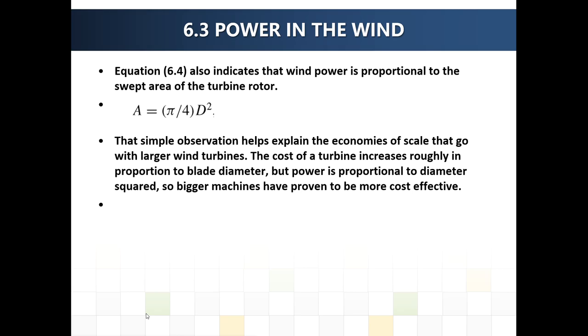Since the cost of a wind turbine increases roughly in proportion to the blade diameter, but the power is proportional to the diameter squared, the bigger machine has proven to be more cost-effective.